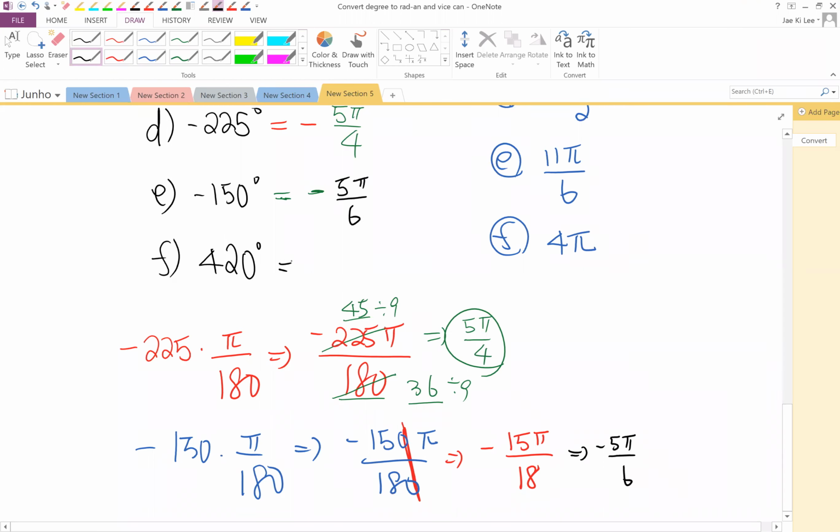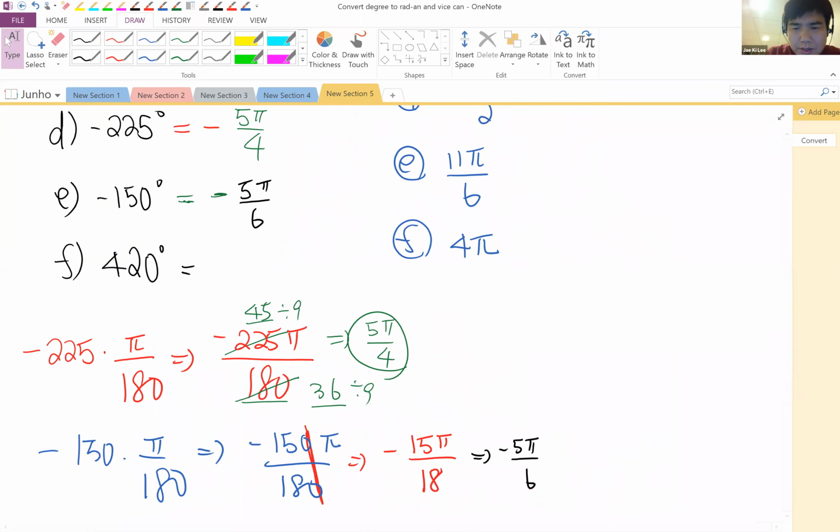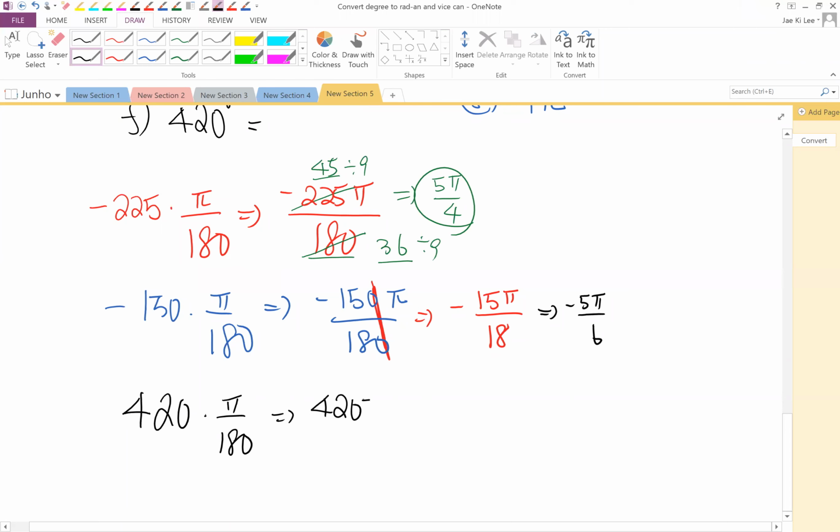Okay, 420. So 420 times pi over 180, which is more than 2 pi. The 0s cancel out, so 42 pi over 18.